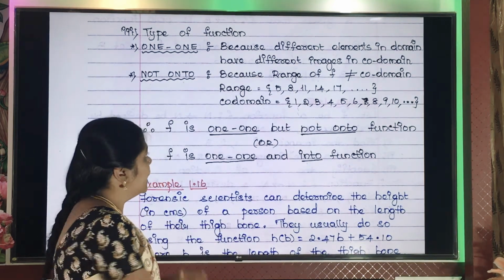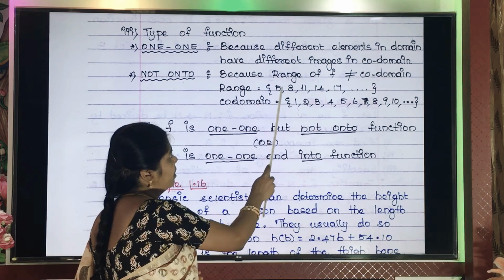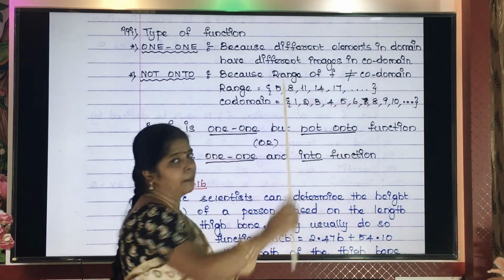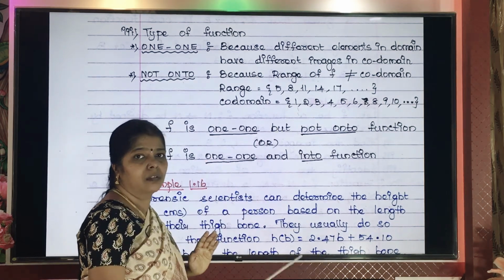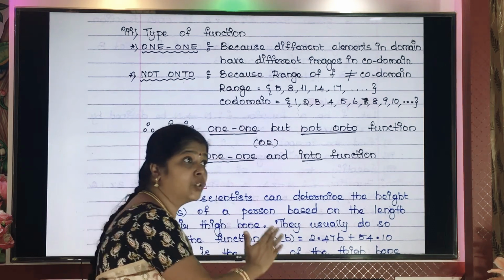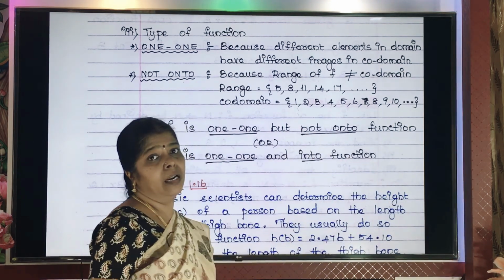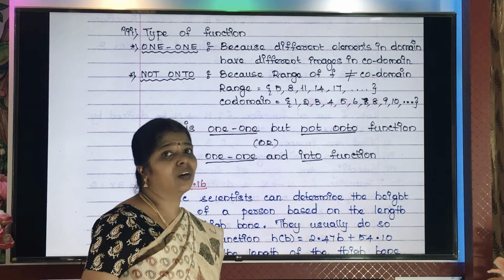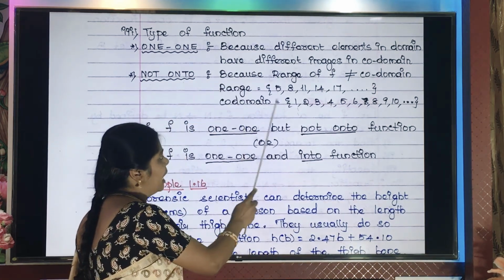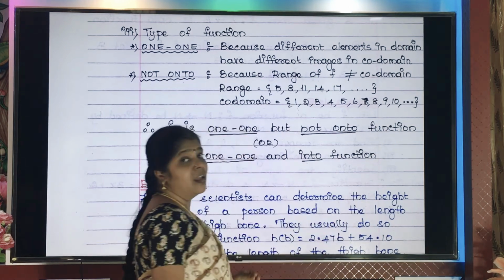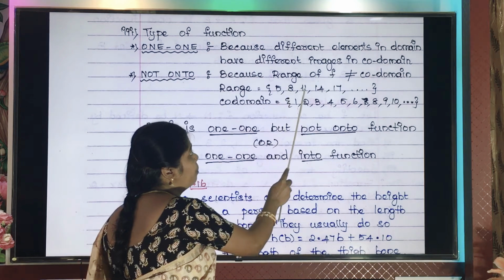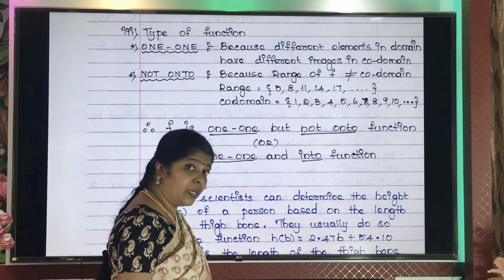Which means the range will be 5, 8, 11, 14, 17. It keeps going. This will be the range. But what will be the codomain? The function is from natural numbers to natural numbers. So all the natural numbers will be there in the codomain. So codomain will have all the natural numbers, whereas in the range we will have only the output numbers. What are the output numbers?